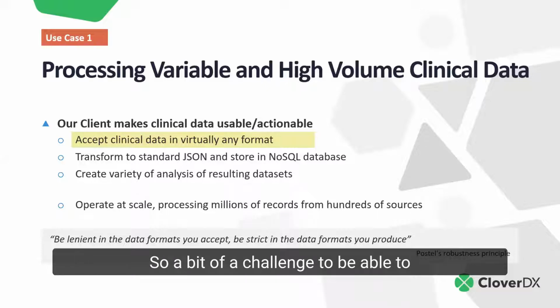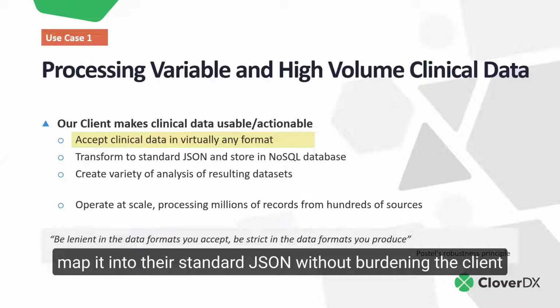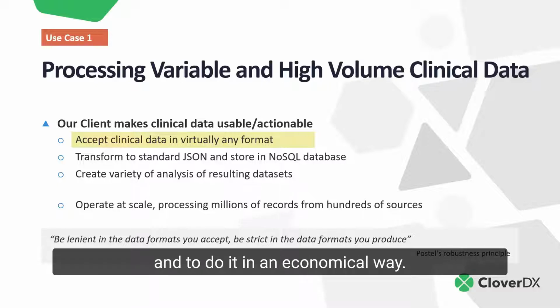So a bit of a challenge to be able to accept clinical data in any format and map it into their standard JSON without burdening the client, and to do it in an economical way.